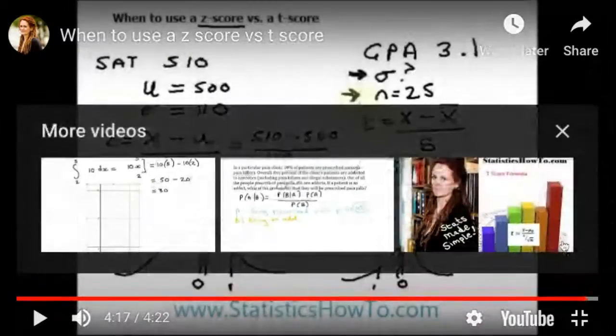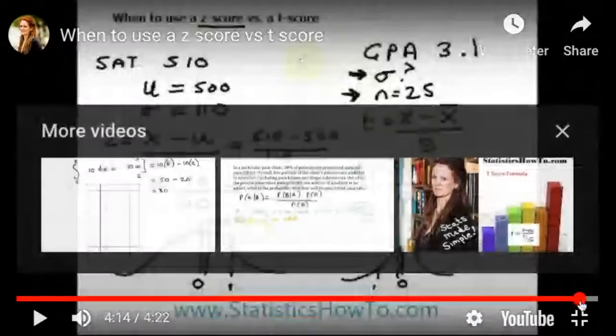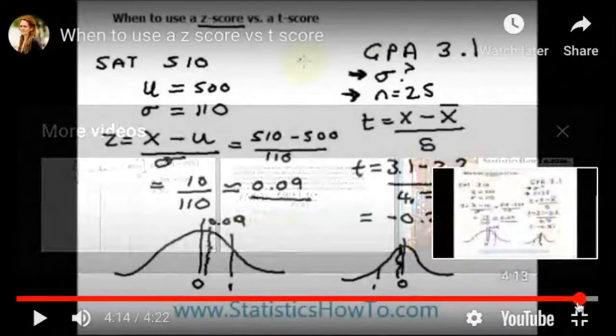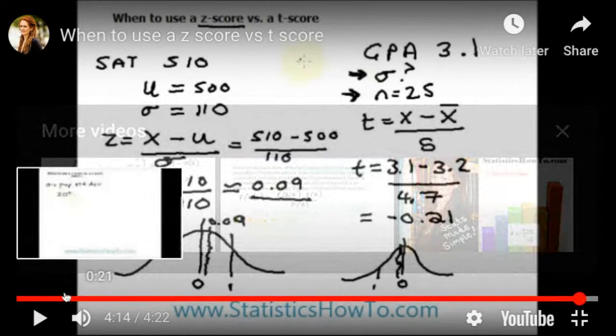I think it's just my assumption. I'm not sure. But if you look at what's on the screen, the t-value is minus 0.21, so it's a little to the left of the mean. That is not within 80%.